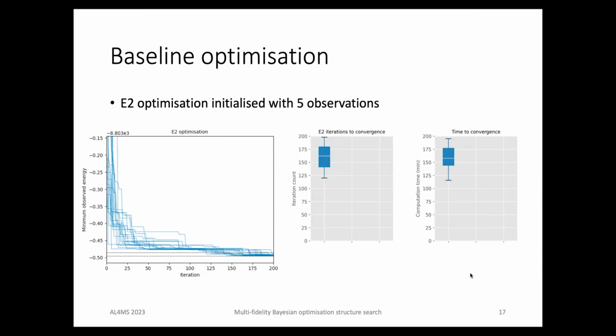And we were just checking how long it takes for the optimization method to converge. So how long does it take for it to find this minimum energy structure up to some tolerance? We were expecting that we always find it, and we're just checking how many iterations it takes or how long it takes to find that.